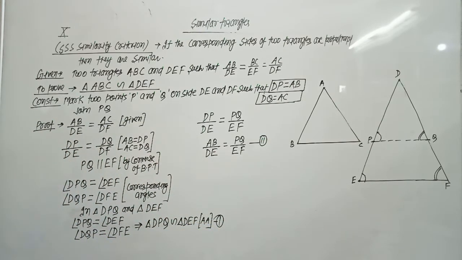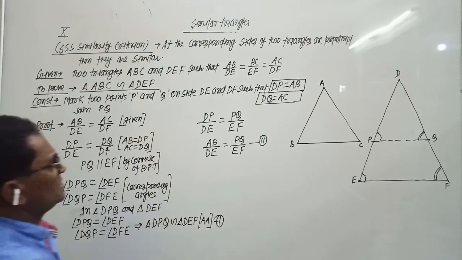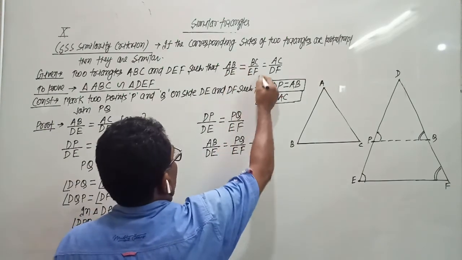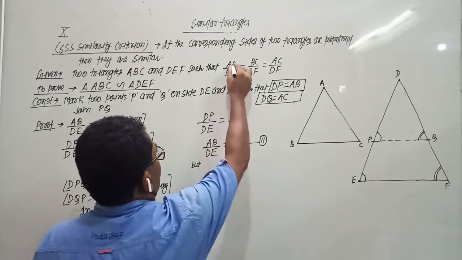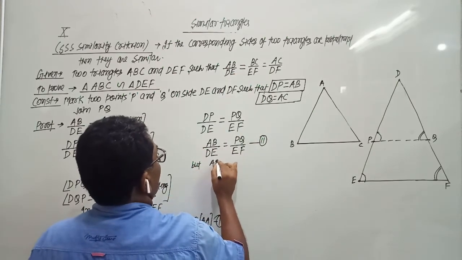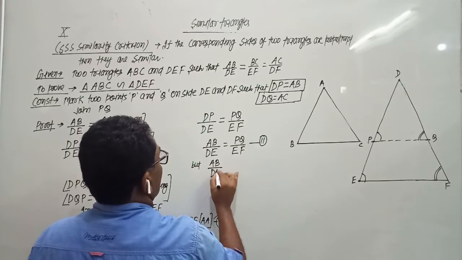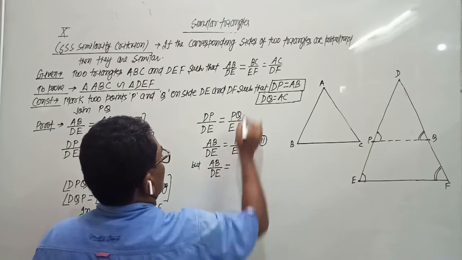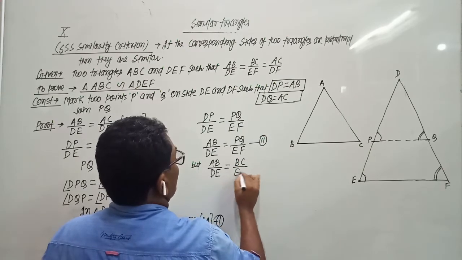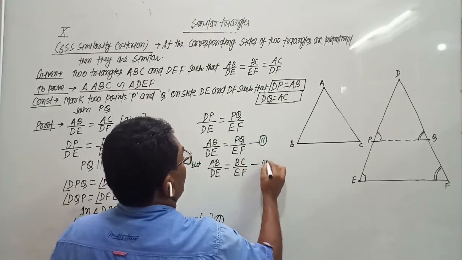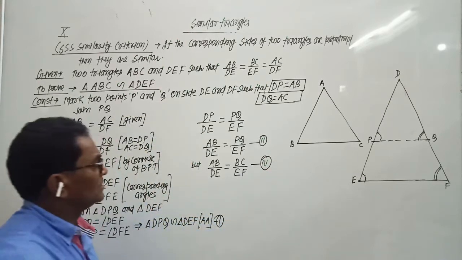But from the given, AB upon DE equals BC upon EF. And name it third equation.